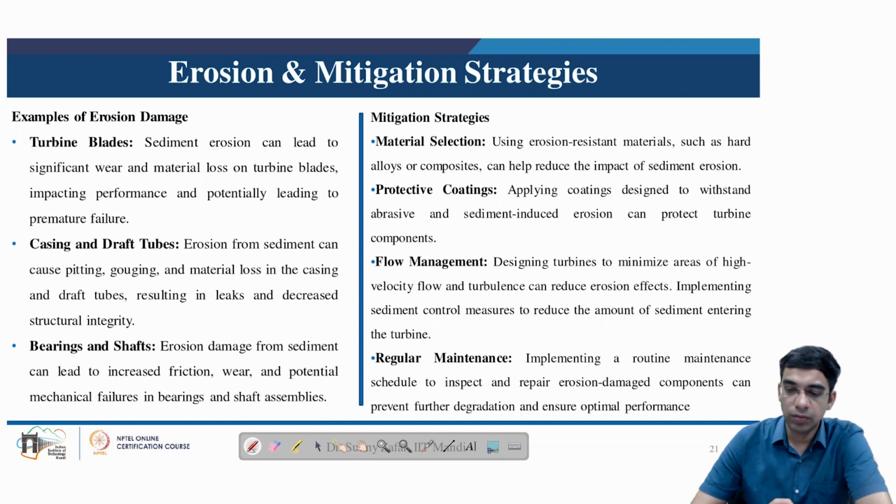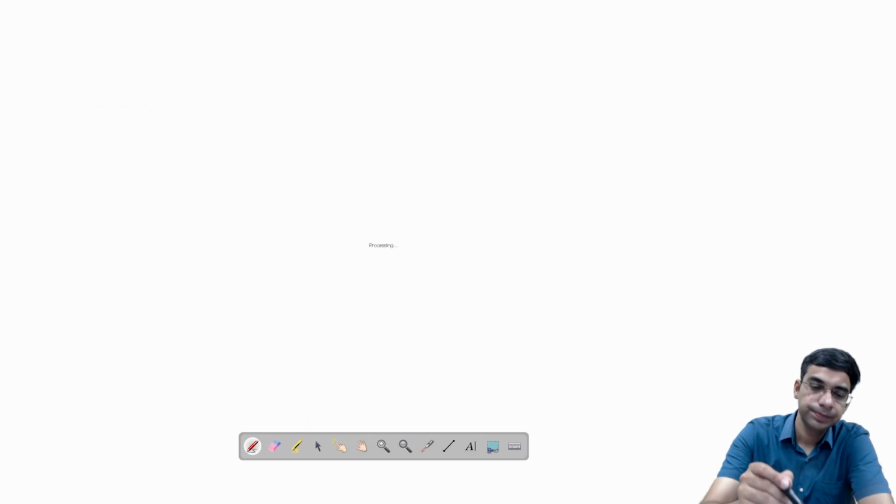Implementing sediment control measures can also reduce the sediment entering the turbine and thereby reduce erosion. Regular maintenance, routine inspection and repair can further prevent damage and ensure optimal performance.